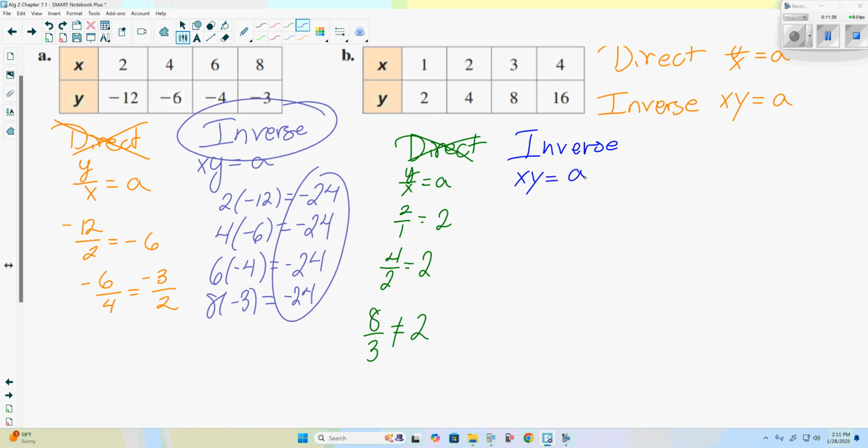x times y is equal to a, yes? Our first one, 1 times 2 is 2. Next one, 2 times 4 is? It's neither.